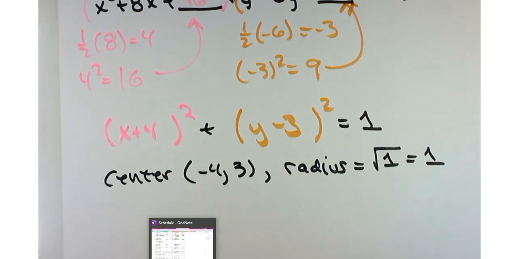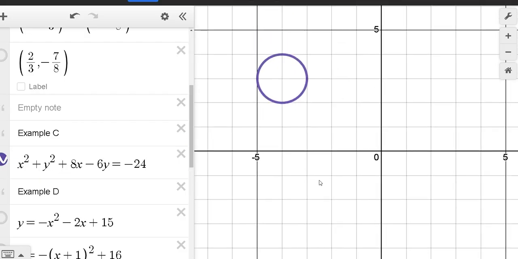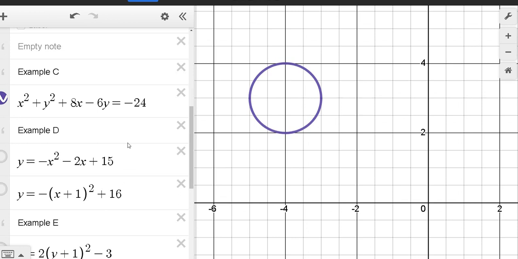Cool. Now, unfortunately, your calculators aren't as friendly as Desmos in terms of graphing these things, but you can easily check yourself on Desmos. So here's that equation, and let's see if it matches what we expected. Let me put in an extra little point here.